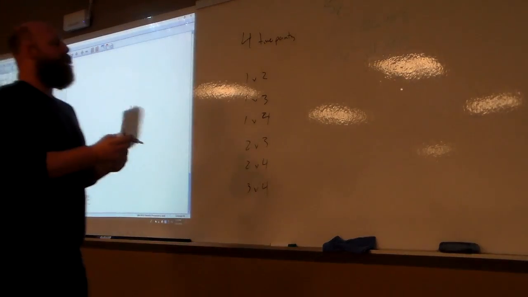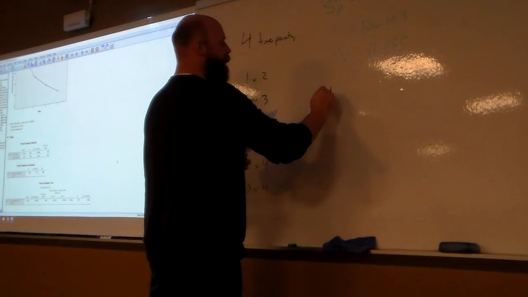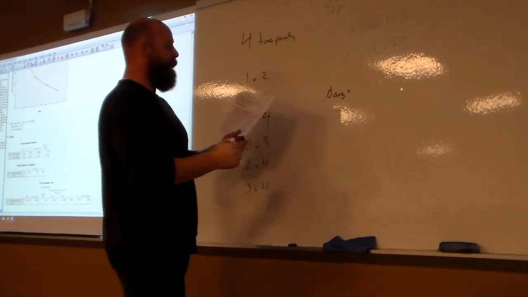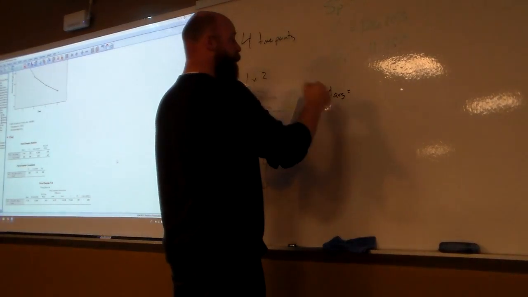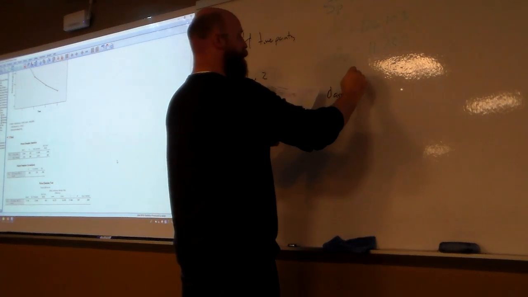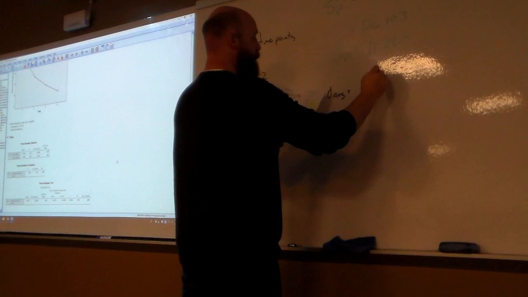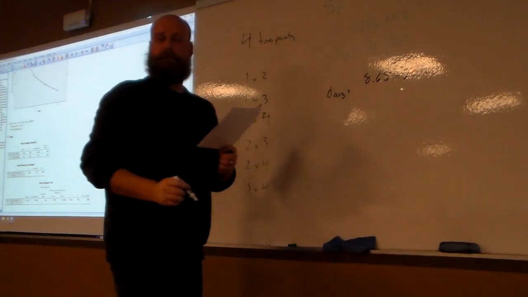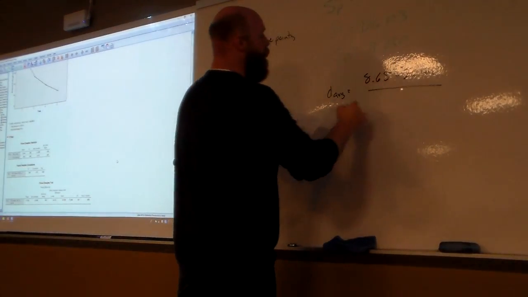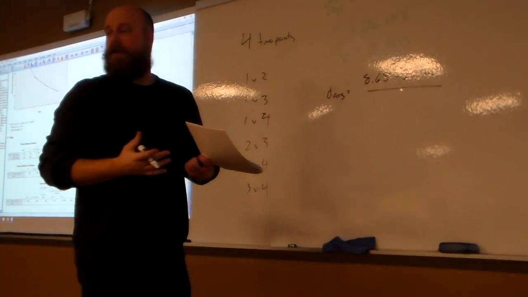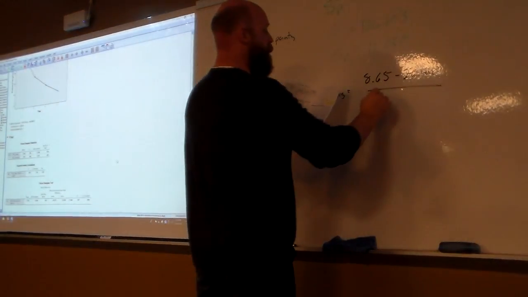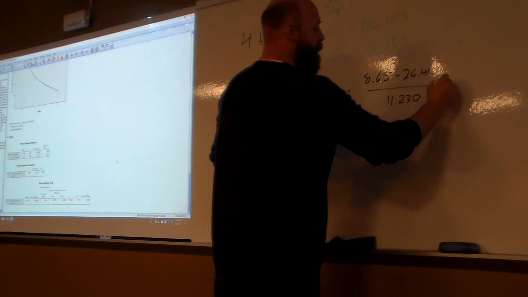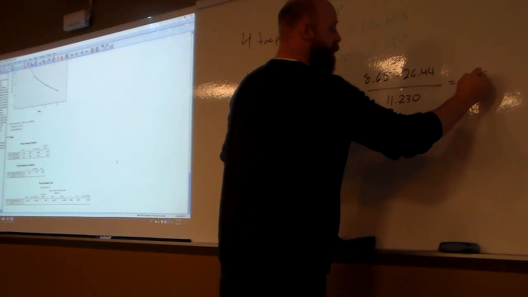And if I were to calculate what we called last semester the average, this is going to be my score at the final time point, 8.65 minus 26.44, divided by the square root of my average variance, 11.230. It's going to give me an effect of 1.58.